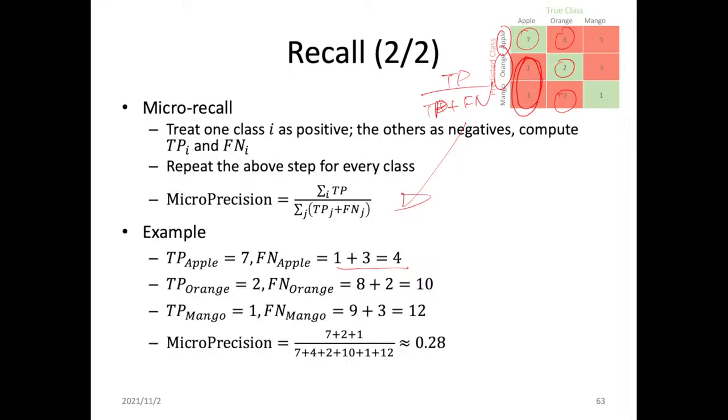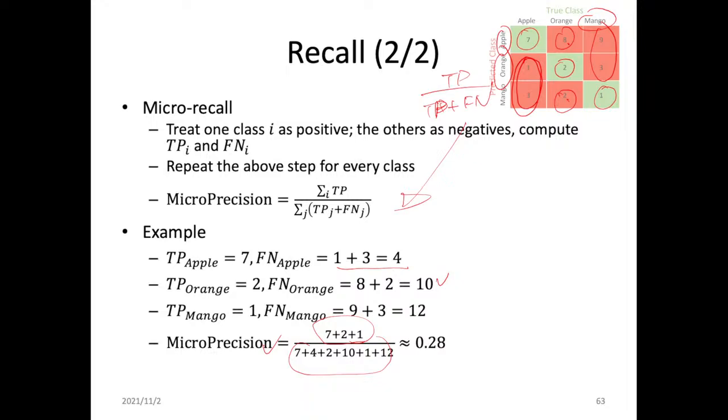So this A plus 2 is the false negative of orange. If we treat mango as the positive class, then this is true positive, and these 12 instances are in fact mango, but you predicted them as not mango, so they are false negatives. So micro recall is summing all the true positives in the numerator and summing all the true positives and false negatives in the denominator, and you get the result.